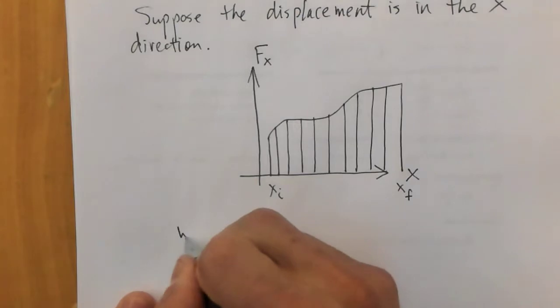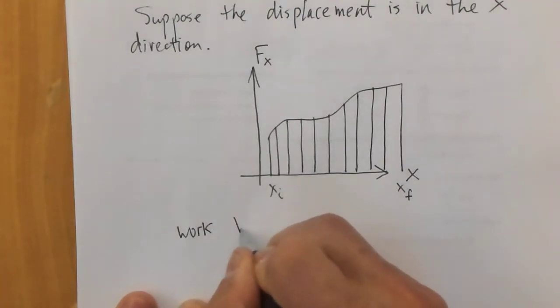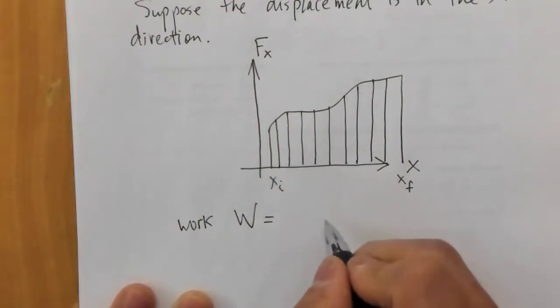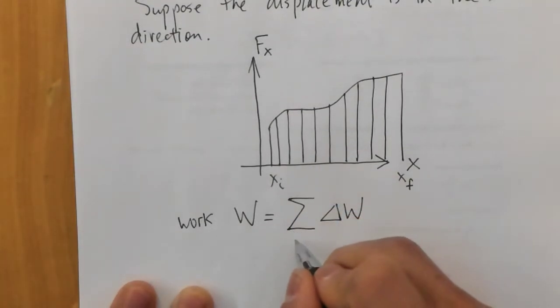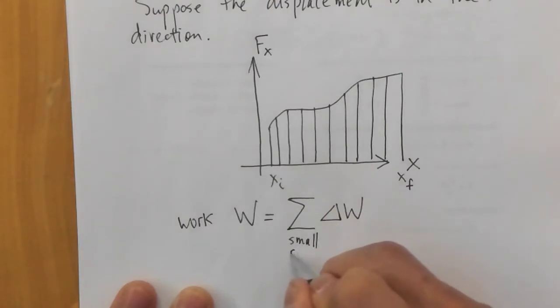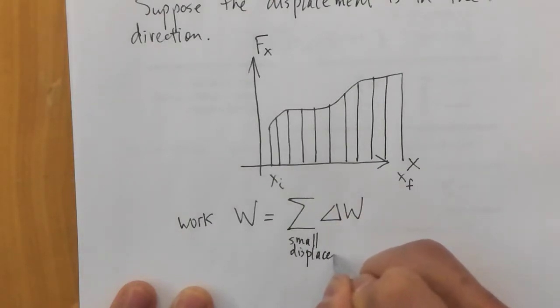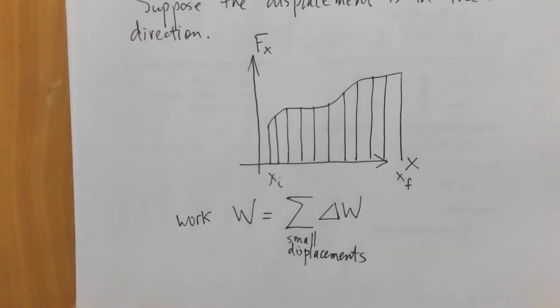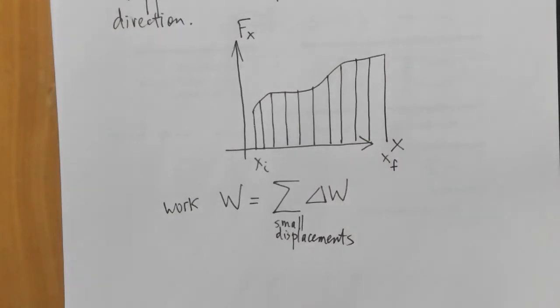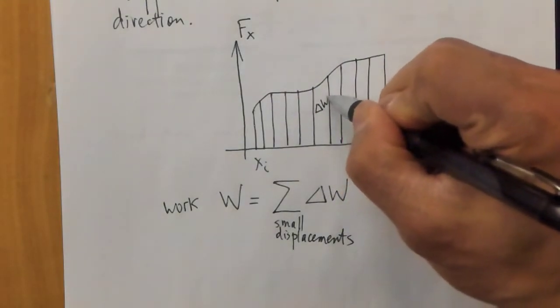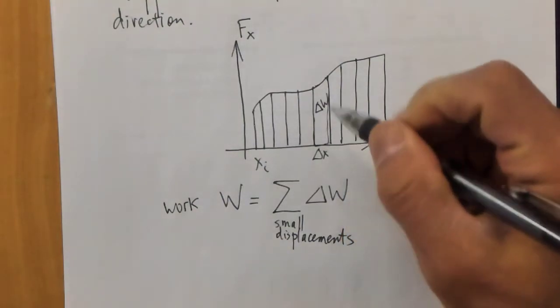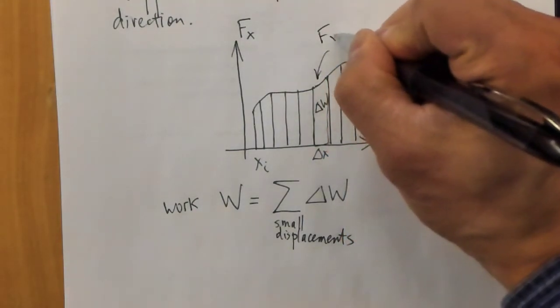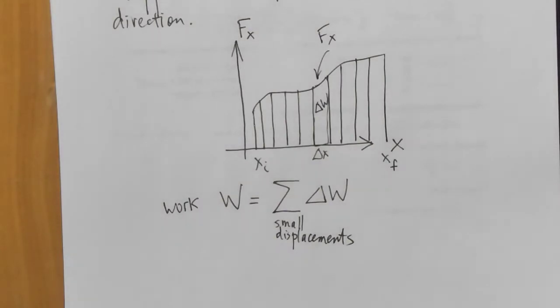So the work, which we call capital W, will be the sum of all these little pieces, let's call them delta W, over all the small displacements. Here's a little delta W that we get from this little piece with some little delta x. The value of Fx here is what we need to calculate the work for that piece.